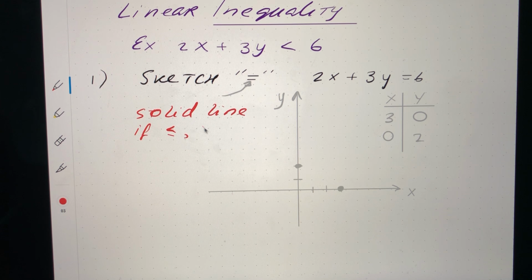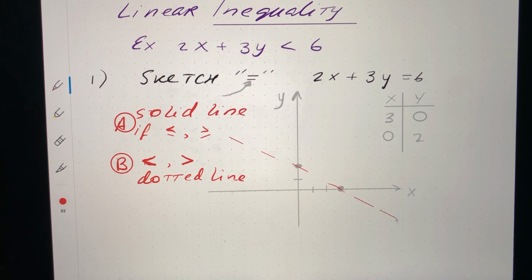So if we have one of less than or equal or greater than equal, then it would be solid line. On the other hand, if we have less than or greater than without the equal, then we connect our dots with the dotted line. And so we connect them something like this. So that's the first step.